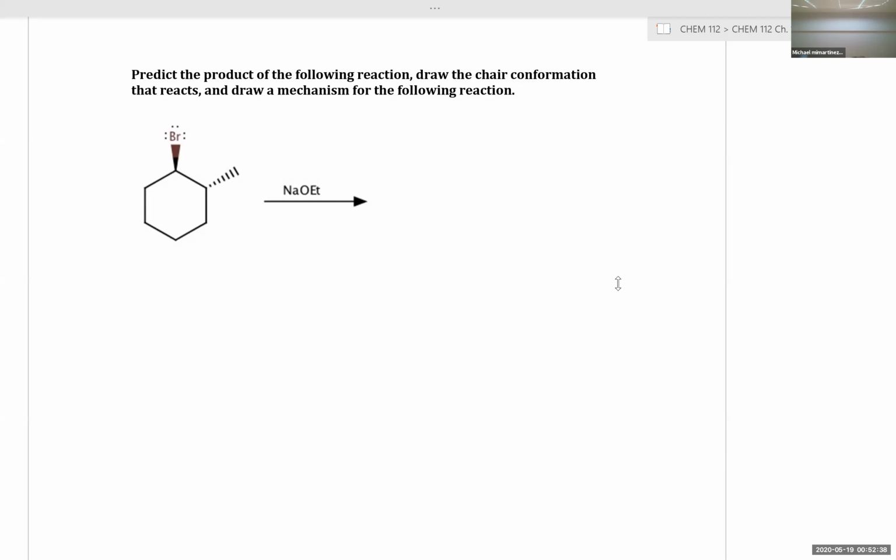To give everyone a hint and to help facilitate your discussions, there are 2 potential products that we could form, A or B. I'd like you to message me in the chat when you've come up with a reasonable solution, whether product A or B is formed.